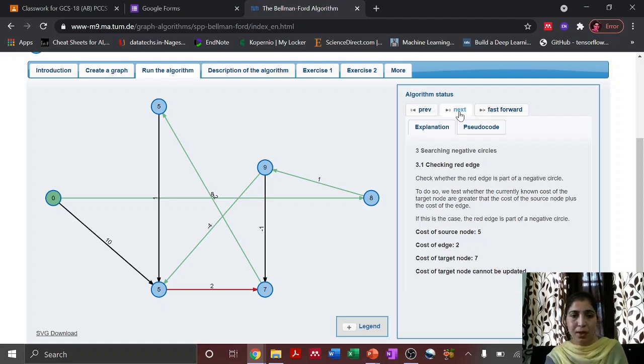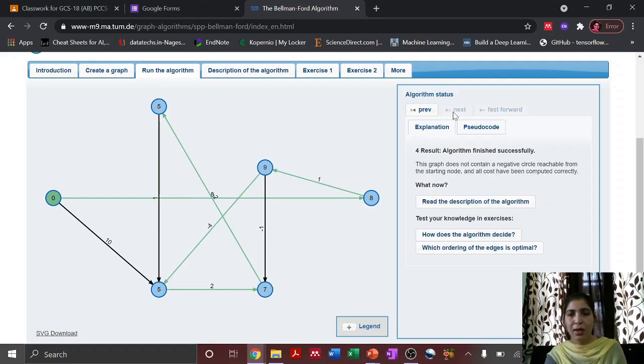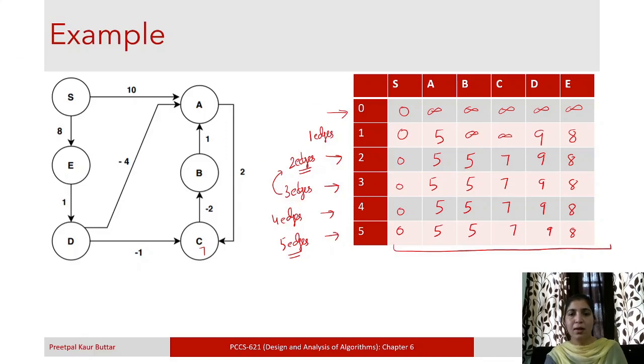So here we are running again, and first we are checking this edge. The cost is not being updated. Now again, there is no updation. So we already know that there will be no updations if we run it for the 6th time, because we already saw that updations were only till this iteration.